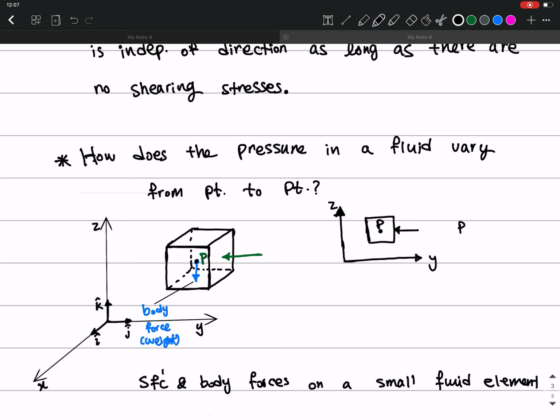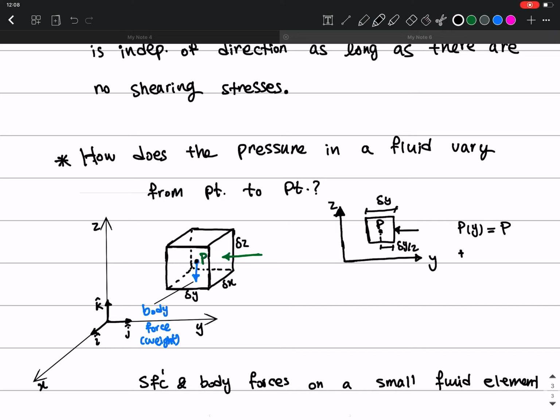The pressure as a function of Y is going to be P, the pressure at the center, plus this difference here, delta Y over 2. Let me write this: this length is delta Y, this length is delta X, and this length is delta Z.